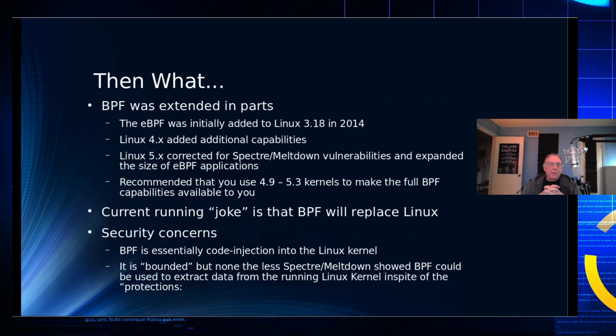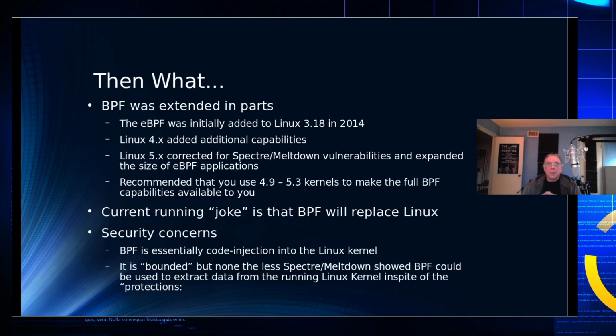So BPF was extended along the way. The initial eBPF was added to the Linux 3.18 kernel in 2014. The 4.x kernels added additional capabilities, opened it up a little wider, and gave it more control points.